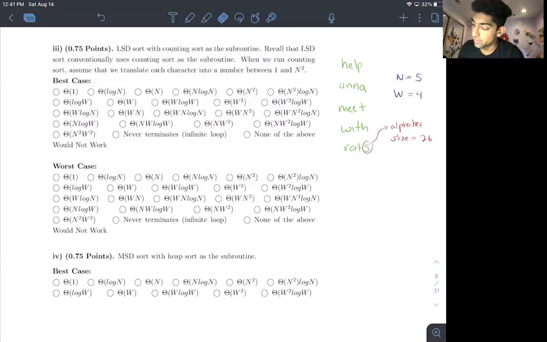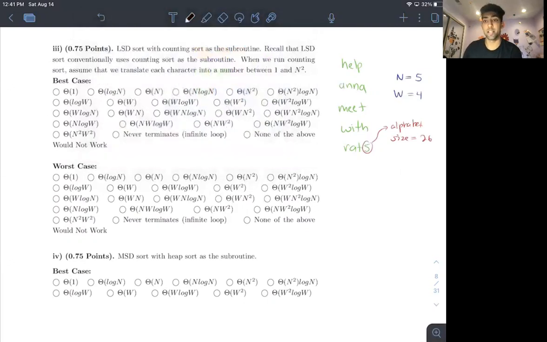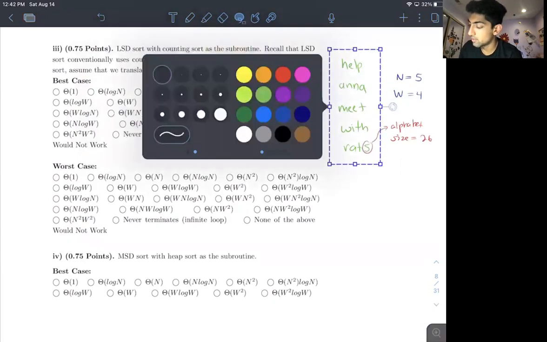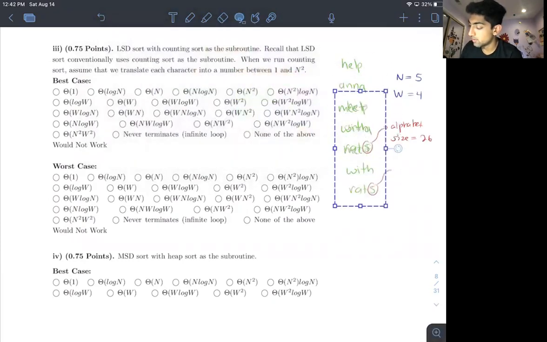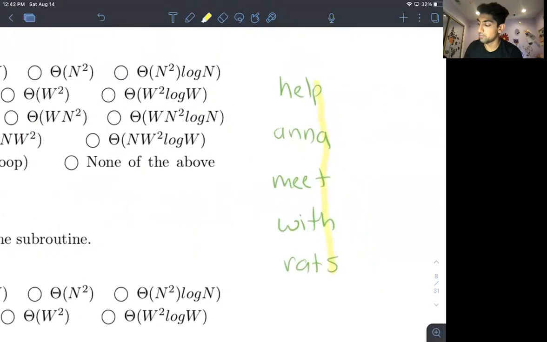Okay, so if I'm running LSD sort with counting sort as a subroutine, in the first pass we're going to look at, quickly copy this. Yeah, so just looking at the first pass of LSD radix sort, we're going to look at all of these digits, or these last characters, right?